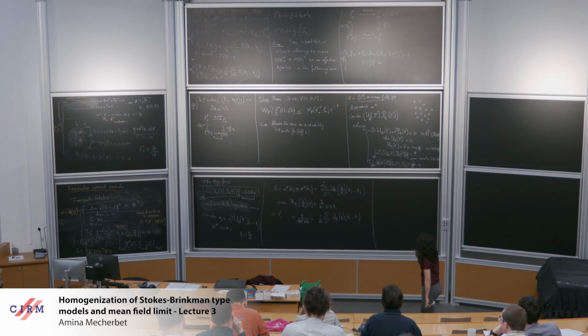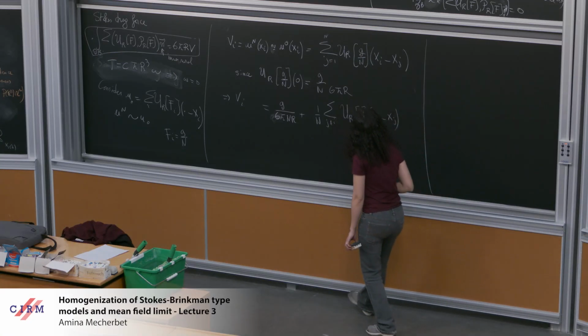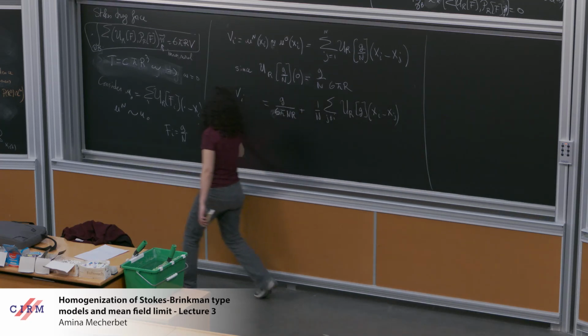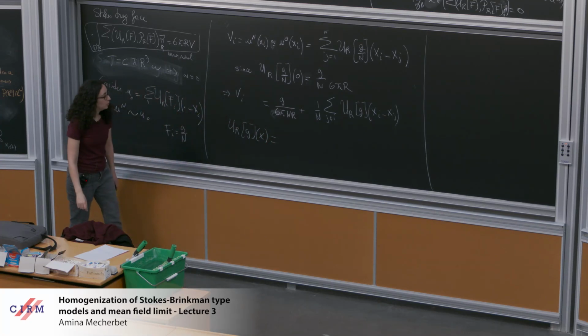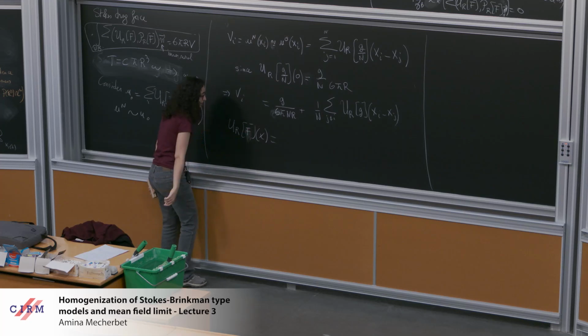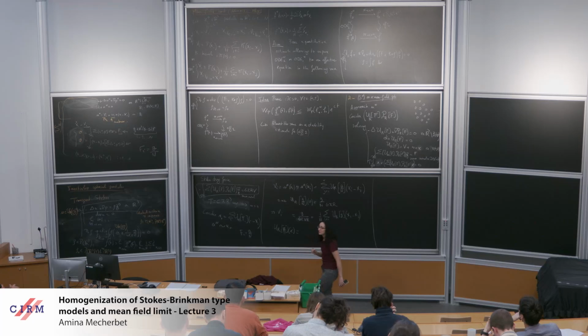We have a kernel, but we can give it even more explicitly. This specific solution that we call Stokeslet has been computed by Stokes. This is already what I said in my first talk. So we have an explicit formula, which is, okay, if you give some force here, it's given in terms of the fundamental solution to the Stokes equation. Yes? This is an approximation of Vi. This is not Vi, right? Yeah, because this is an approximation.